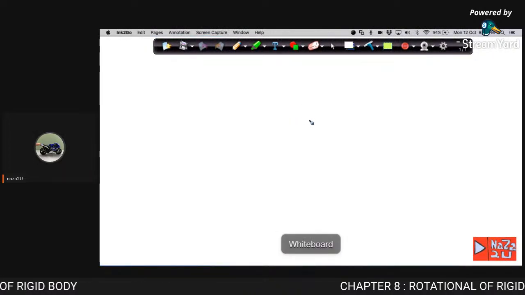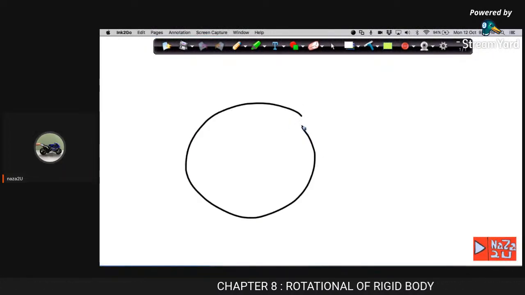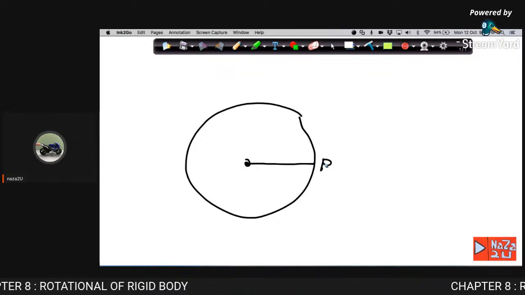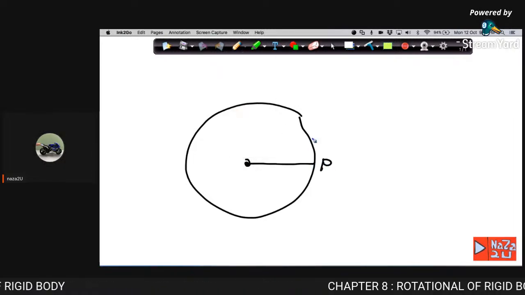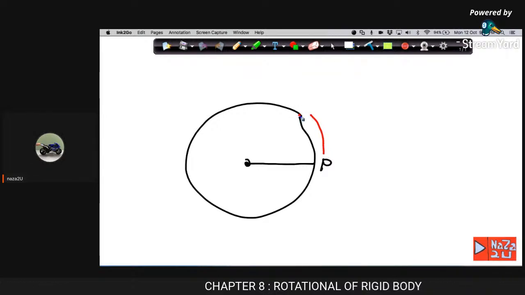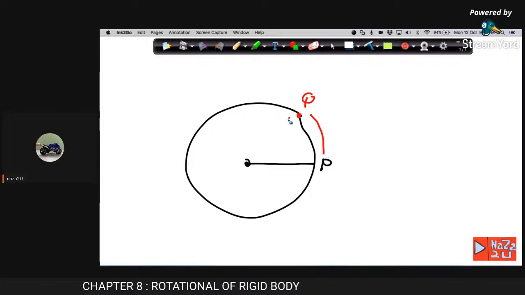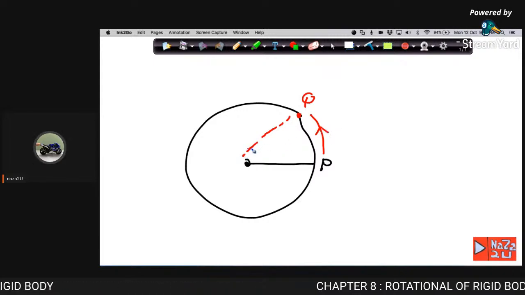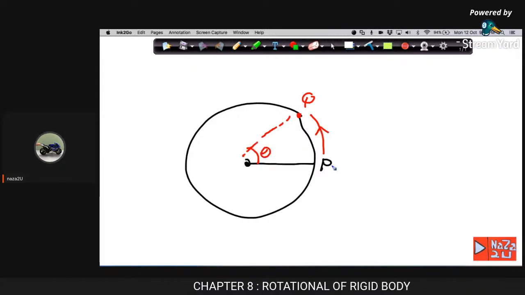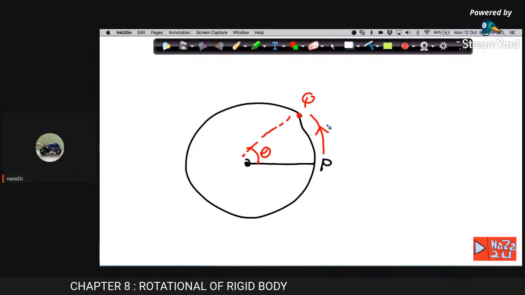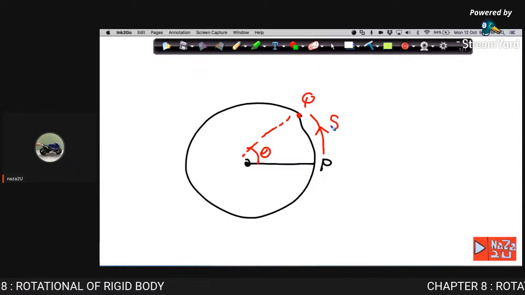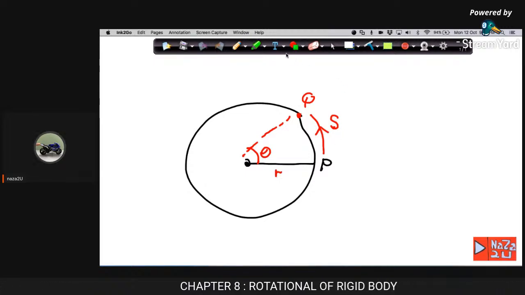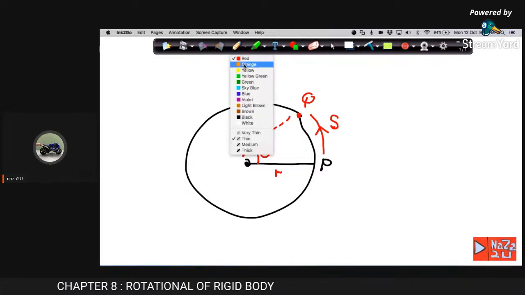Okay, I'll do it in diagram form. Let's say this is a circle, and this is the center. Let's say this is point P, and point P moves or rotates to, let's say, point Q. So it moves upward. This is the angle produced when the object moves from P to Q. This distance is called the arc S. This is the radius.